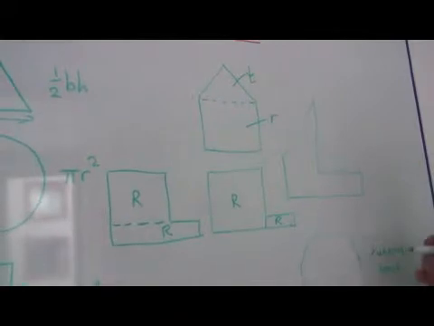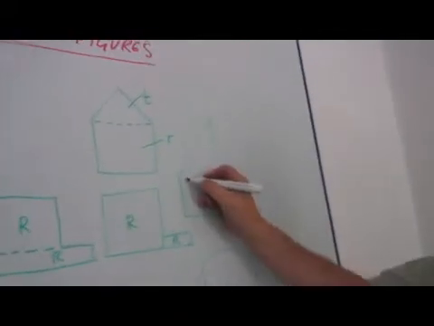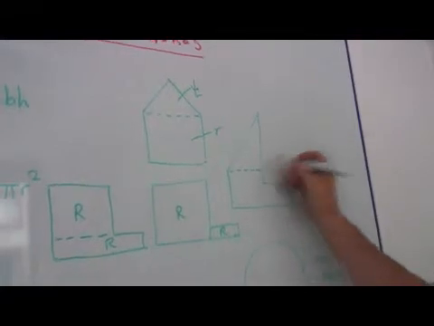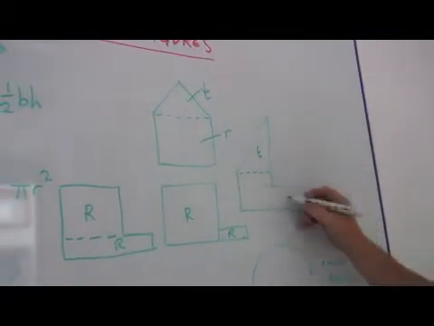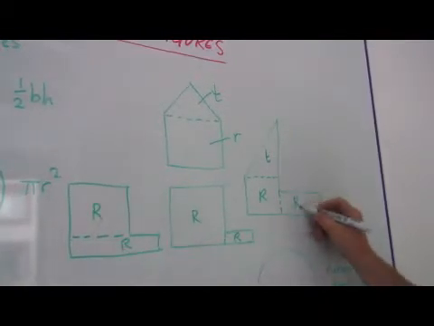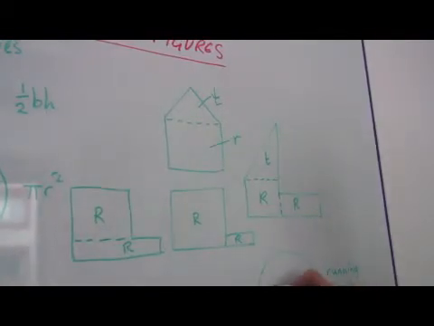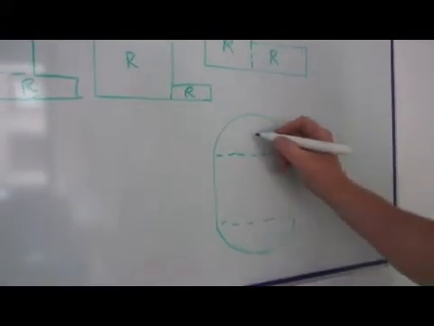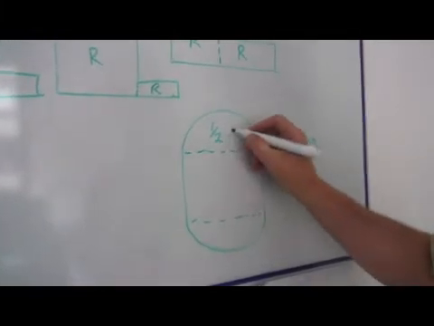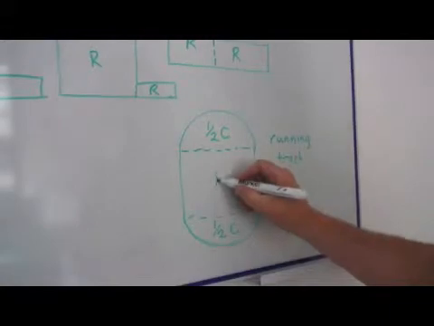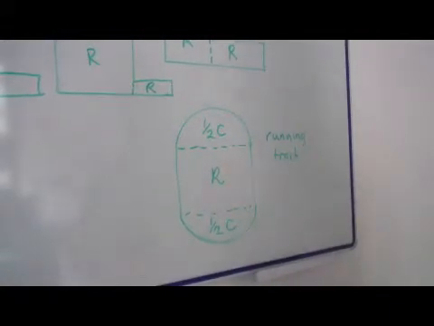Our third shape. With our third shape, we can divide it into a triangle, and again, two rectangles. So we still have our basic shapes. Our final fourth shape, by doing this, we've actually got a half circle here, a half circle here, and a rectangle in the middle.